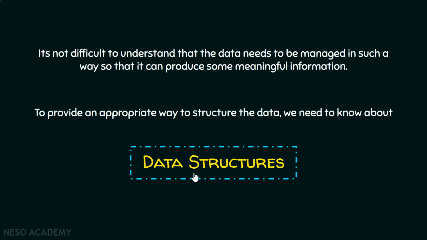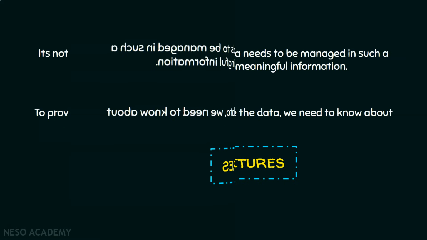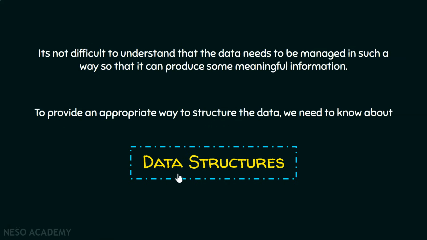That is why it is so useful to understand data structures. Data structure gives us the way to structure the data, to appropriately manage the data so that we can get some meaningful information from it. And not only that, we can use it whenever required in an efficient way. This is the reason why companies prefer this subject over other subjects, because this is a very important subject, right?